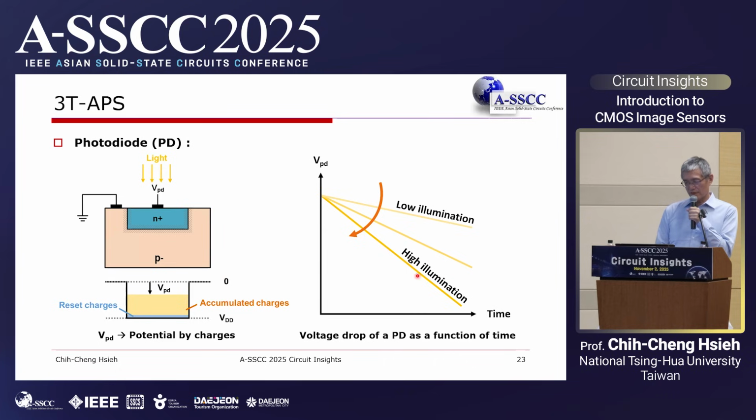The more illumination, the more electrons it generates, and the slope will become steeper. And the other way, the slope will be small under low illumination. So after a certain time, you can read out the voltage on the capacitance or the PN junction. Then you will know the illumination condition. This is the basis of the photosensing and readout.